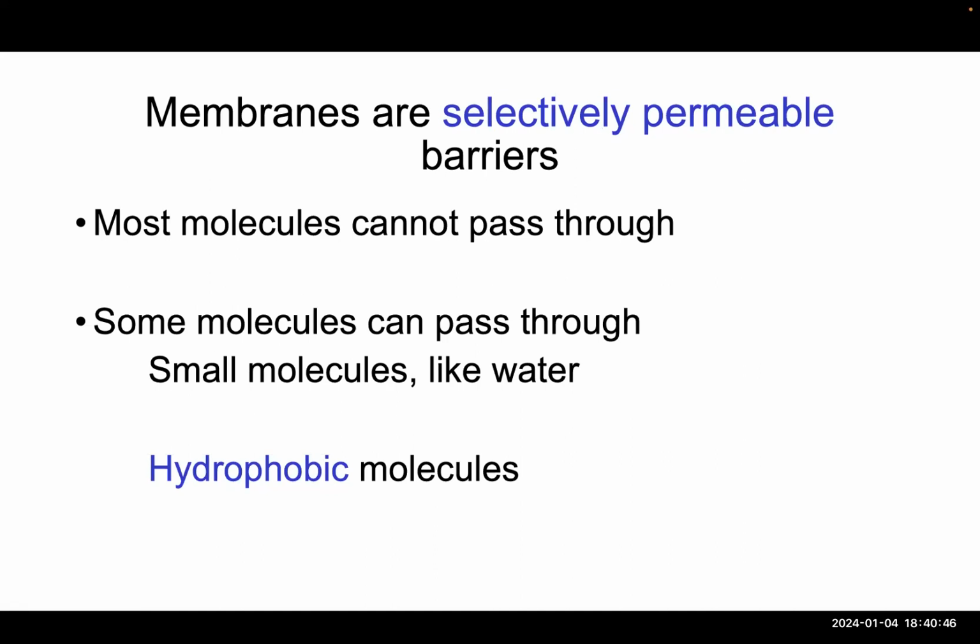The word permeable means some things can get through. Selectively permeable means the cell can choose what it lets in. It doesn't let most things go through, which is good for the cell, because if it has food on the inside, it's not going to randomly leak out and go away. It needs that food. So it's going to hold on to that food or other molecules like DNA and proteins. They can't just leak out into the environment. They stay inside the cell.